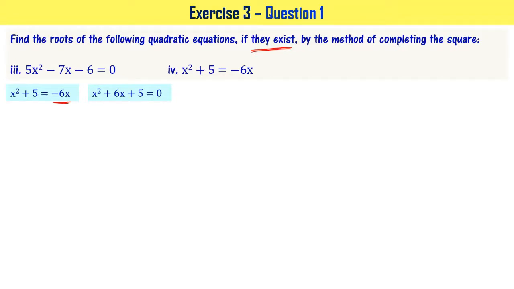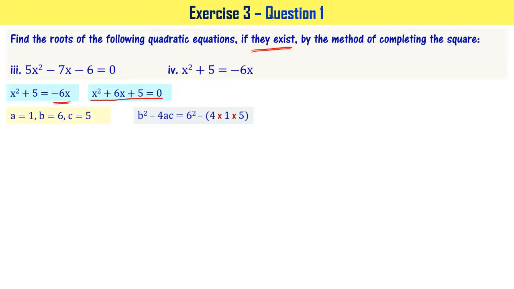To do that, we have to find the value of b square minus 4ac, right? For that, I'm going to compare this particular equation first with ax square plus bx plus c equal to 0, such that I can say a equal to 1, b equal to 6 and c equal to 5. Let us substitute ABC values into b square minus 4ac such that we can find the value of b square minus 4ac, right?